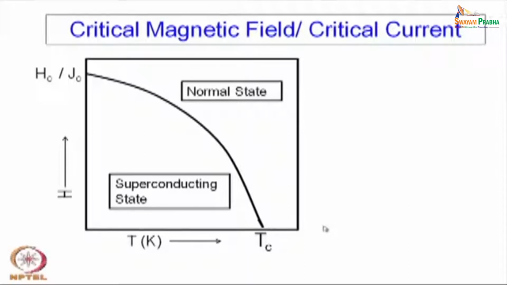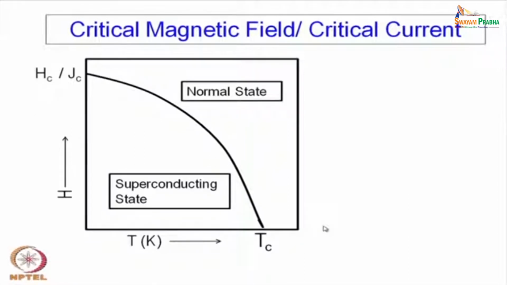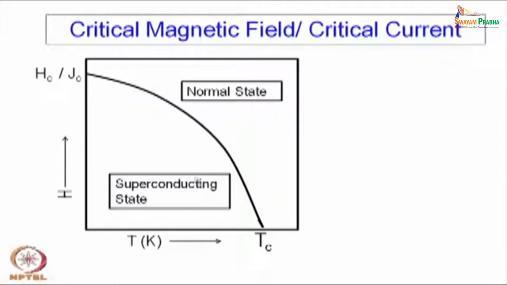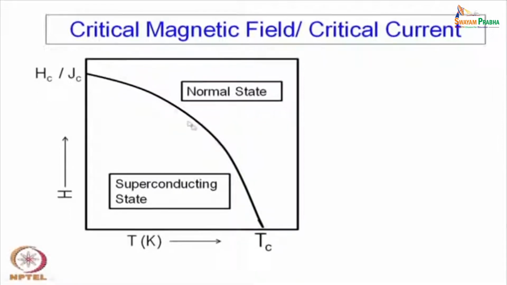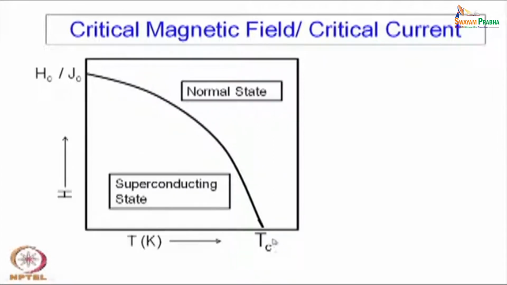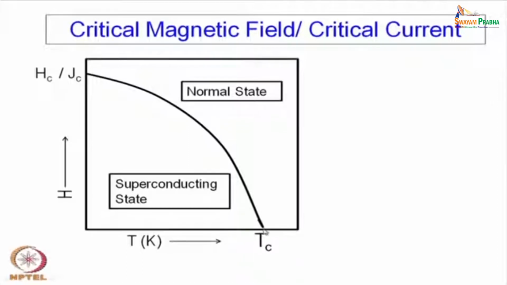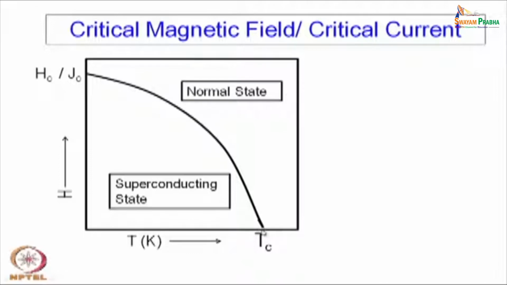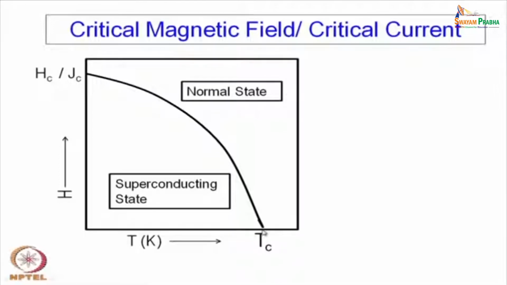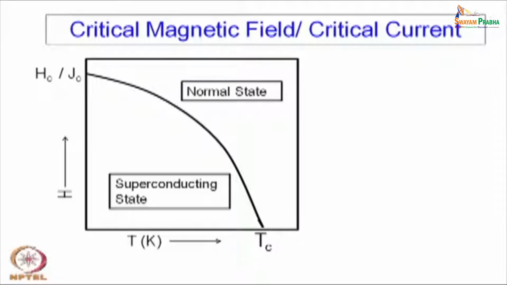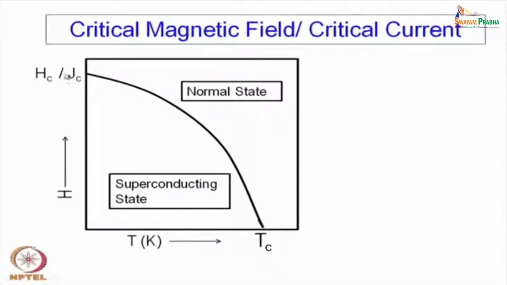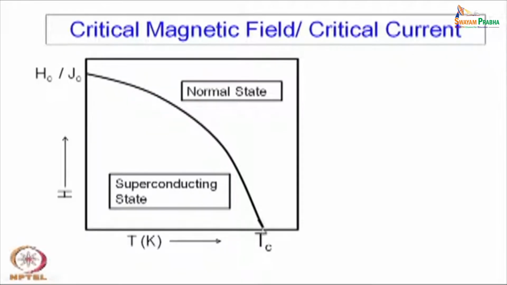This is the relationship between the Tc and the magnetic field. So, this is the critical magnetic field. At Tc, the critical temperature, you may not get a very high current, because Hc, the critical magnetic field, is very low.